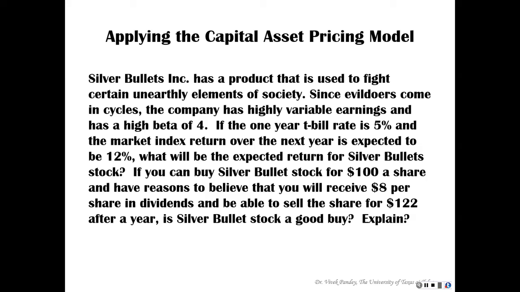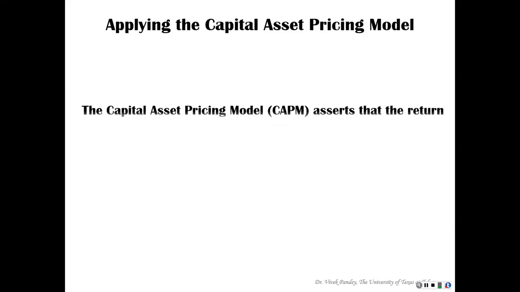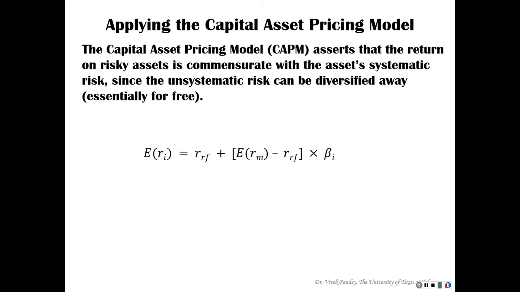Is that good enough? Well, the capital asset pricing model actually tells us the relationship between the stock's beta and its expected return given the market risk, the return on the market portfolio, and the risk-free rate. The risk-free rate is what you get on an asset without taking any risk, like Treasury bills.